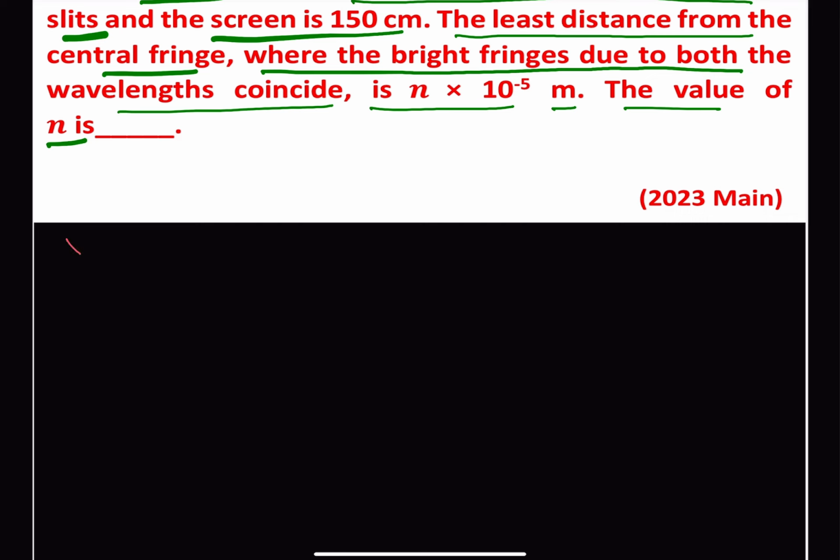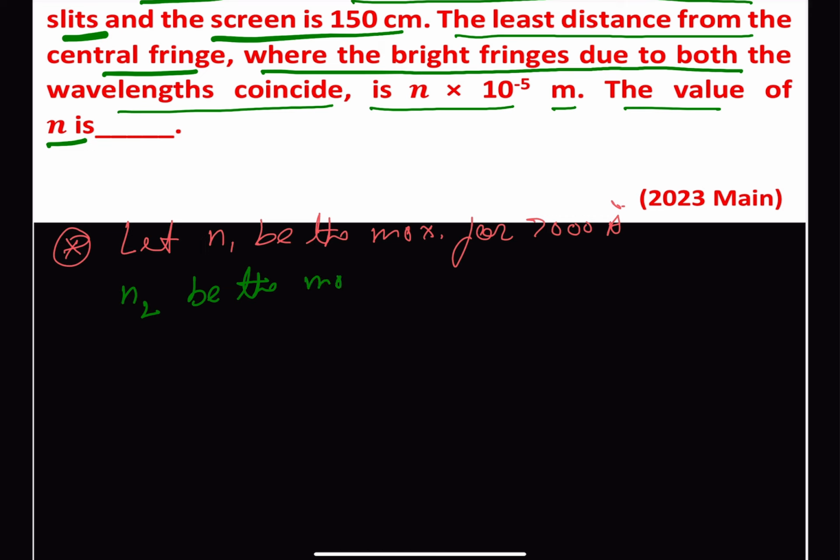So we start from there and say let n1 be the maxima for 7000 angstrom and n2 be the maximum for 5500 angstrom, and for these two values they coincide.